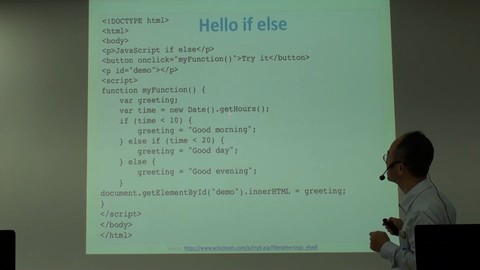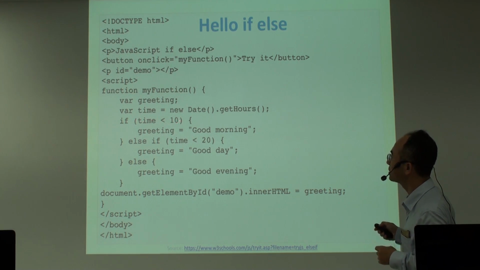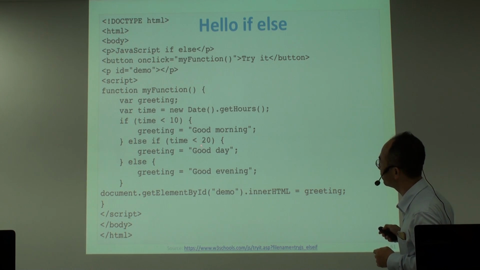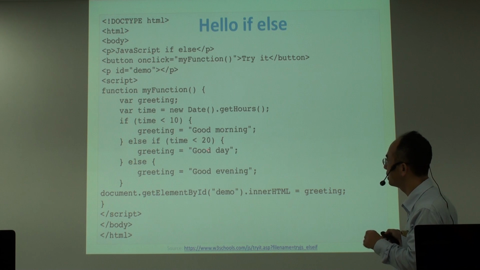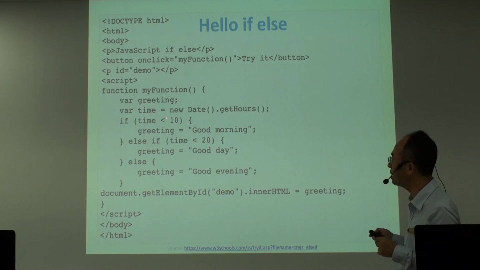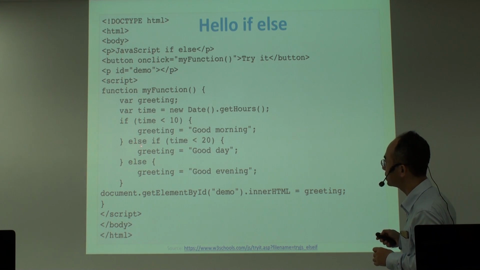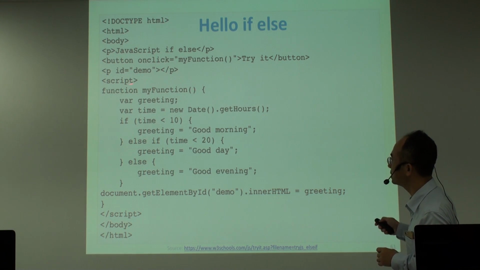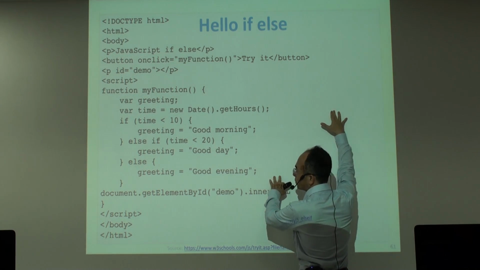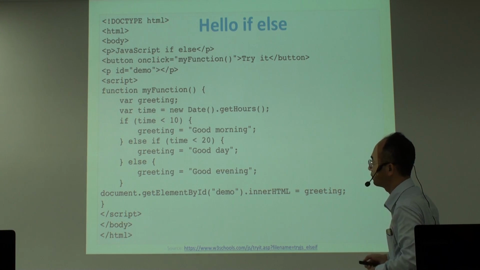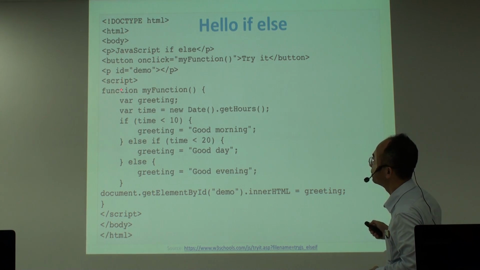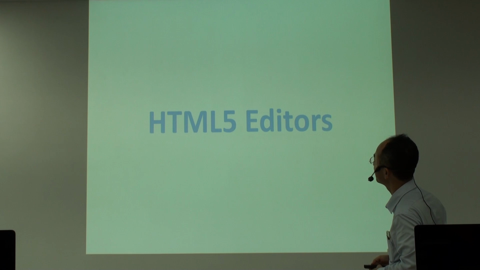For example, new Date getHours, and if time is smaller than 10, greeting is good morning, smaller than 20, for example 8 p.m., good day, and this morning is 10 a.m., and else is good evening. So this is if, else if, and else with these characteristics. So this is your writing your script, your JavaScript, and this is the final part. So this one is a hello if.